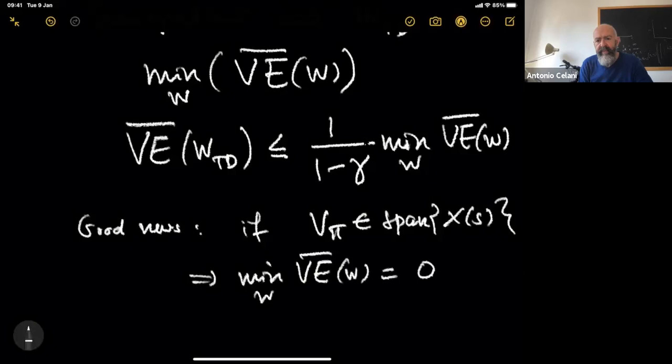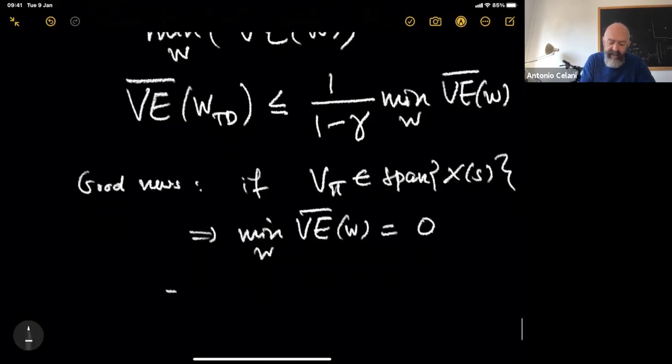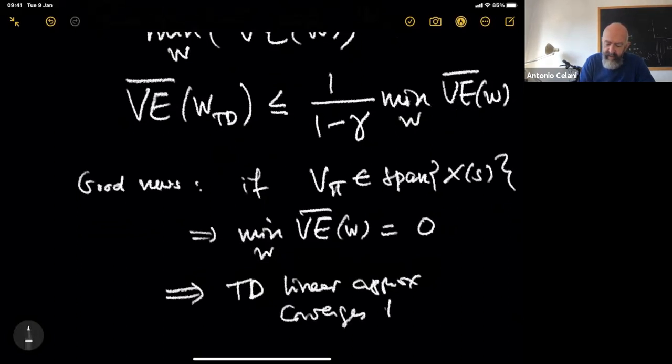So you can get to the true point, and therefore, if this is 0, then TD linear approximation converges to V pi.